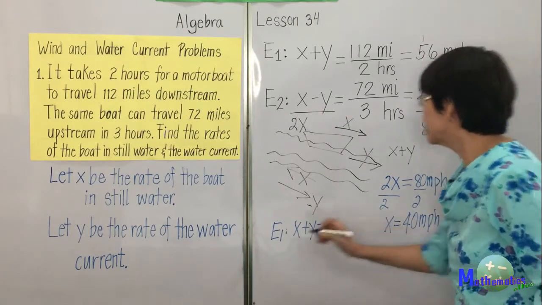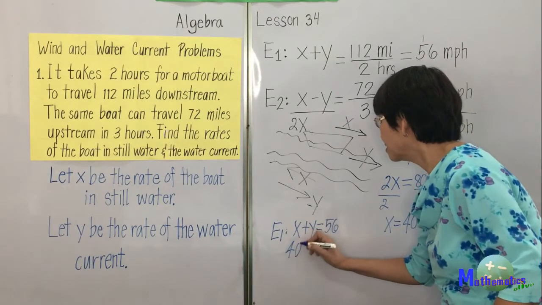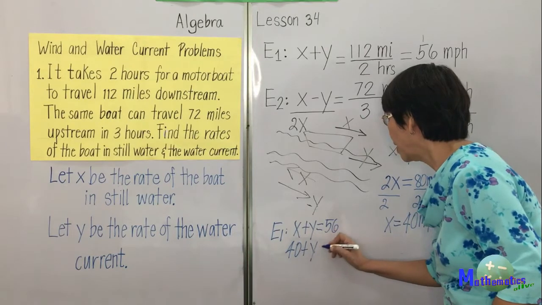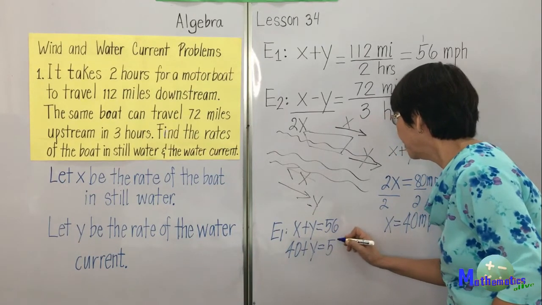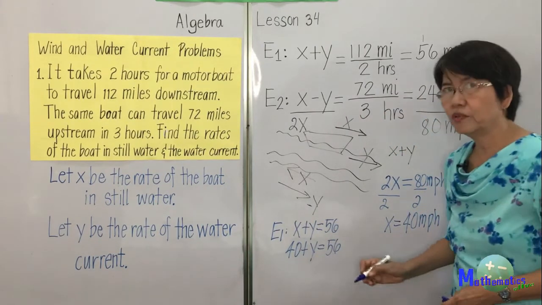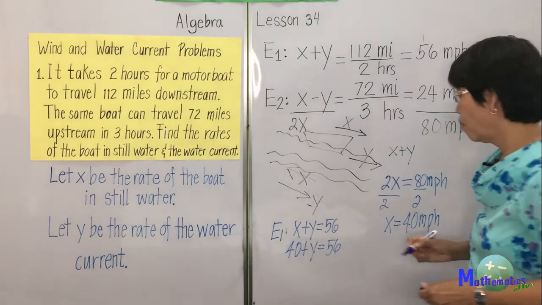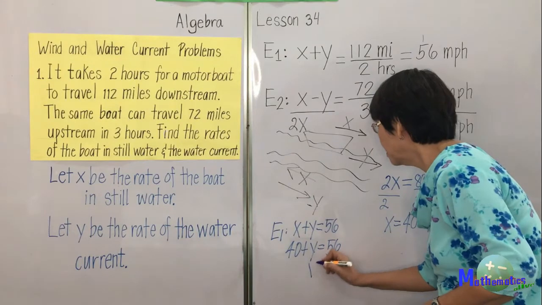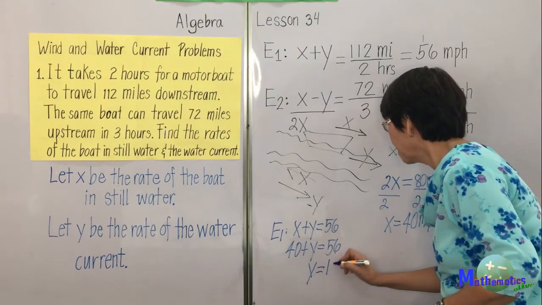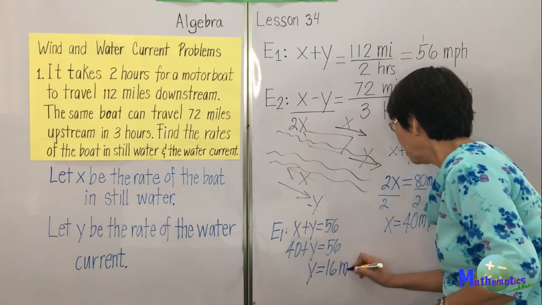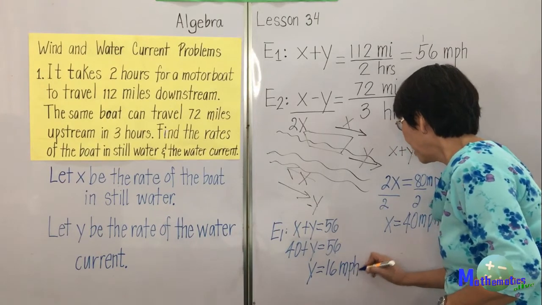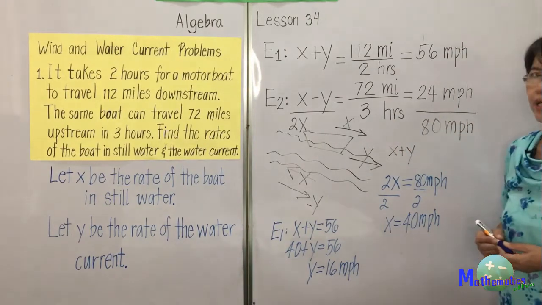Then we substitute the value of x. 40 plus y is equal to 56. And then we subtract 40 from both sides. So y is equal to 16 miles per hour.